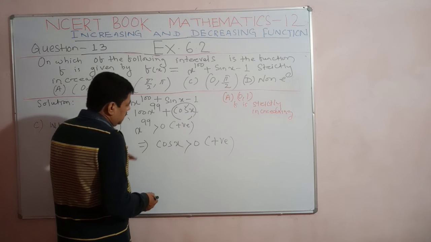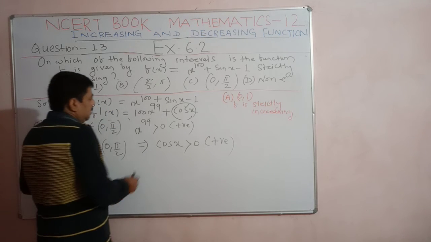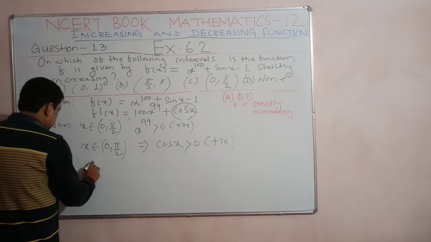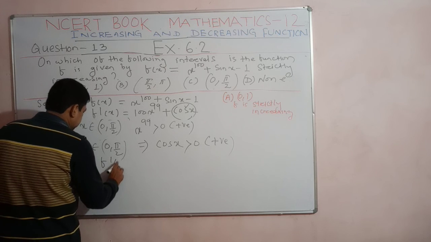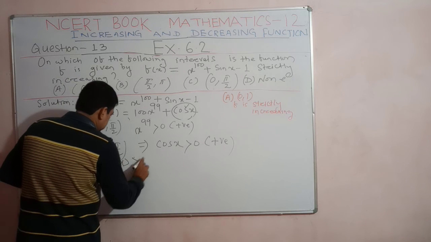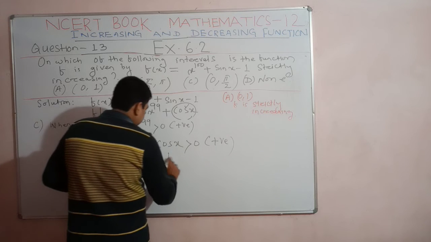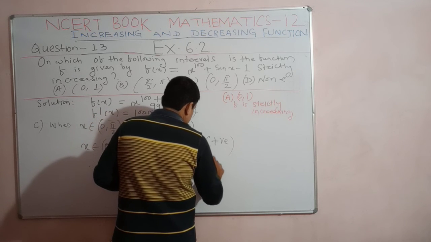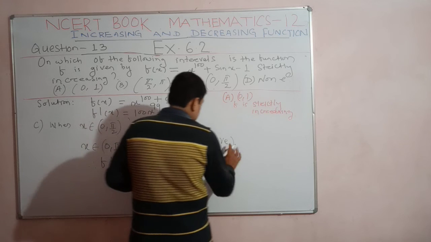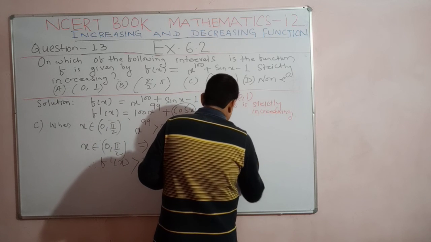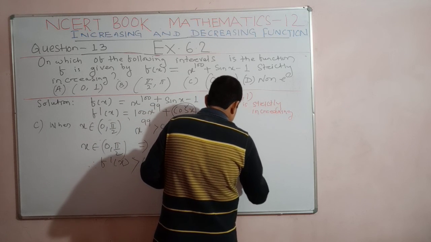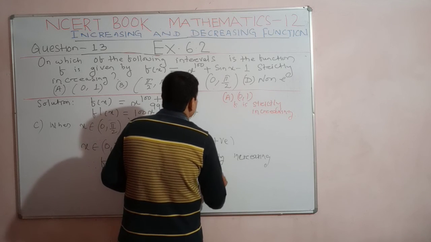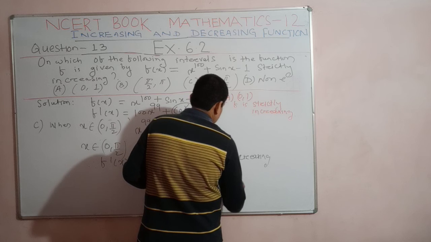Now x to the power 99 is positive and cos x is positive. Hence f dash x is greater than 0. That implies f is strictly increasing in the interval 0 to pi by 2.